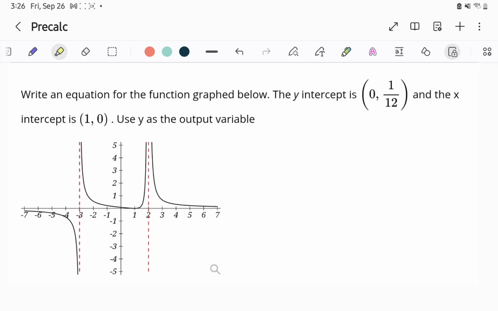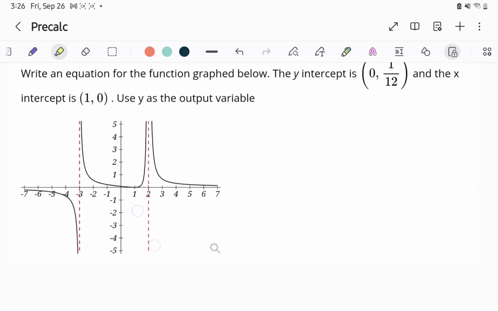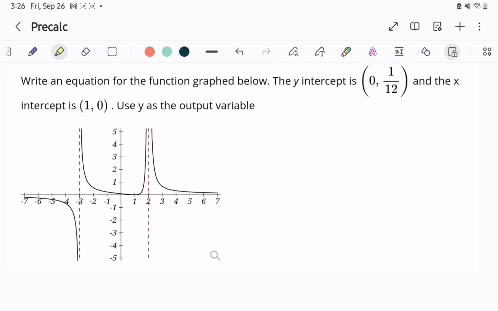We are asked in this problem, in this version of question 26 from the rational functions Lumen homework assignment, to write an equation for the function graph below. And we are told that the y-intercept is at (0, 1/12), and the x-intercept is at (1, 0).